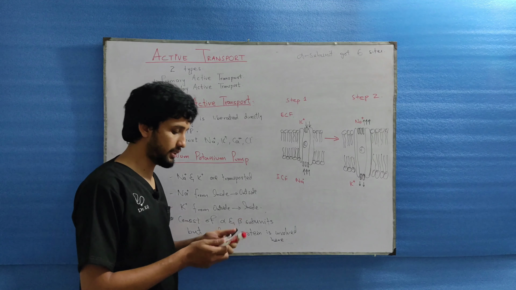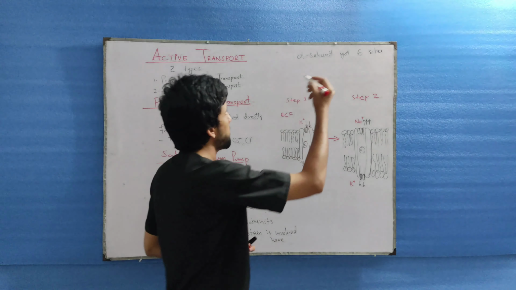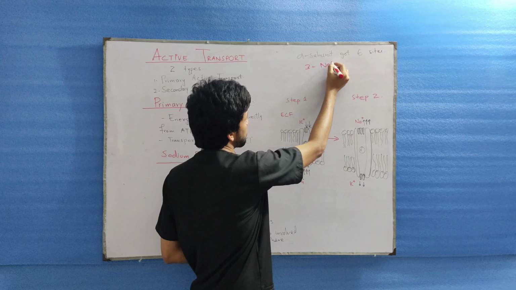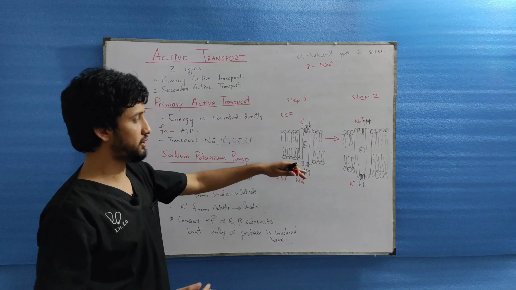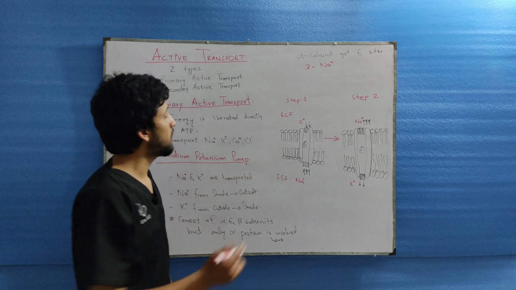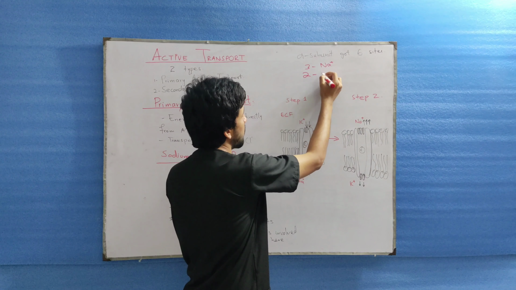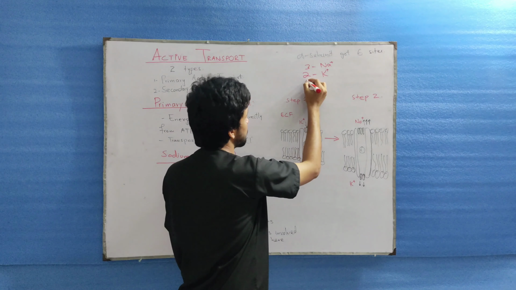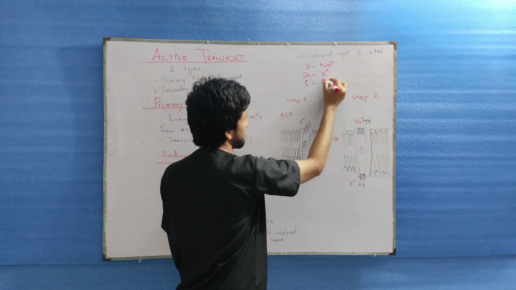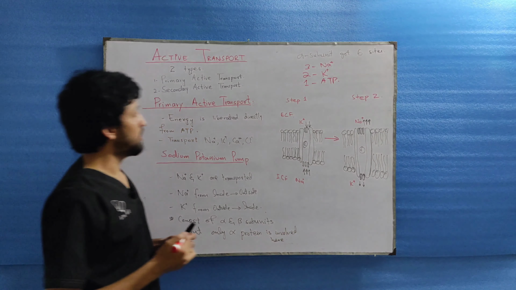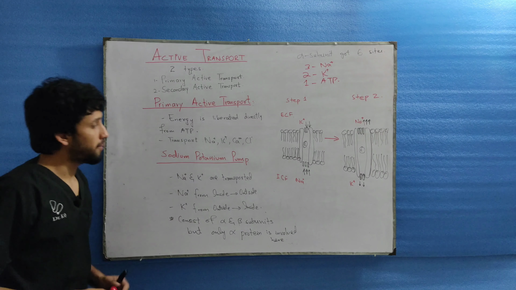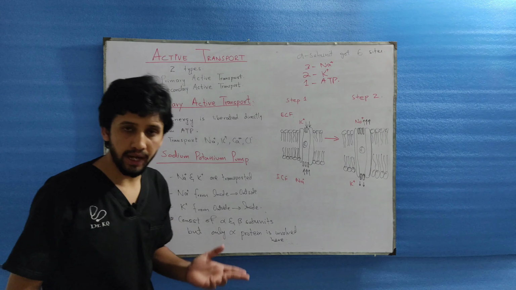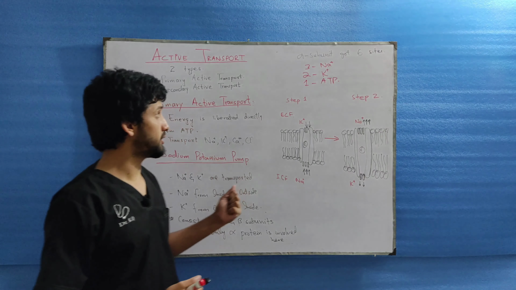It consists of 6 sites: 3 sites for the sodium receptors, which are present inside, toward the cytoplasm, 2 for the potassium receptors, and one which is for ATP. ATP is required in this process because whenever the ATP is broken down, 2 molecules, that is adenosine diphosphate and the phosphate ion, are released.